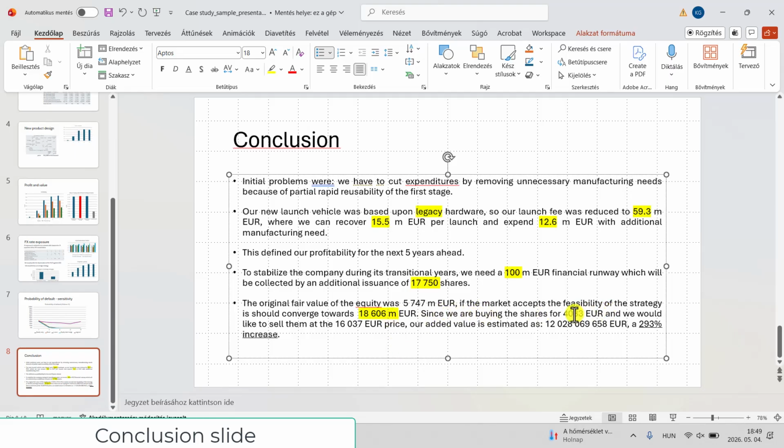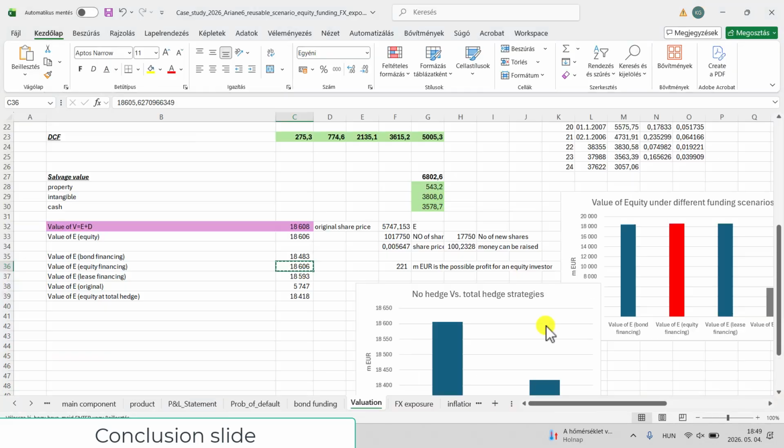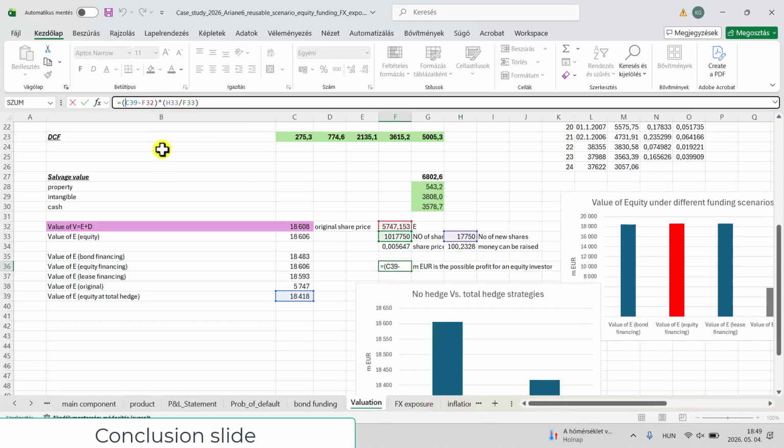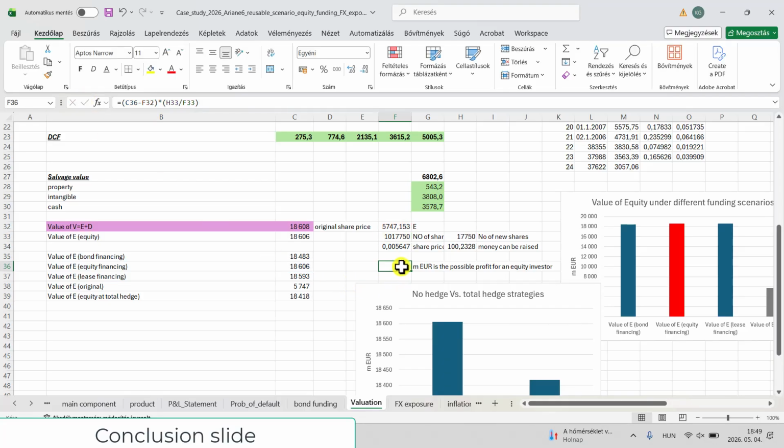Since we are buying the shares at this value, we could... Oh, then the dilution was maybe... no, this is some fine-tuning.